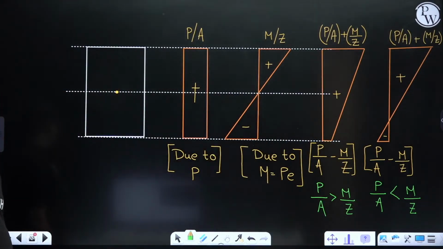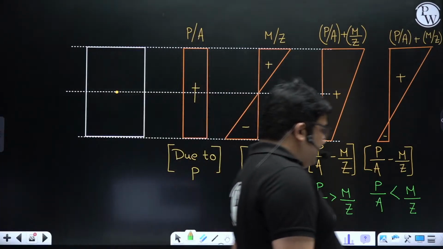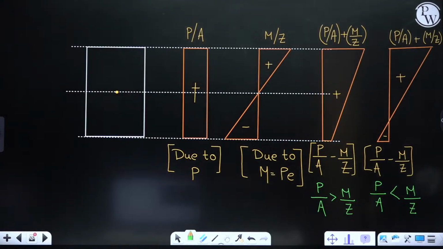Understood this? So there is a possibility of tension here if P by A is less than M by Z.